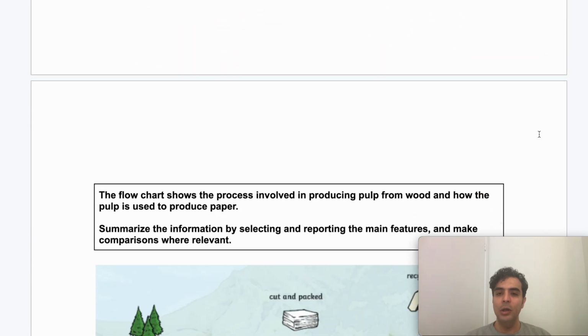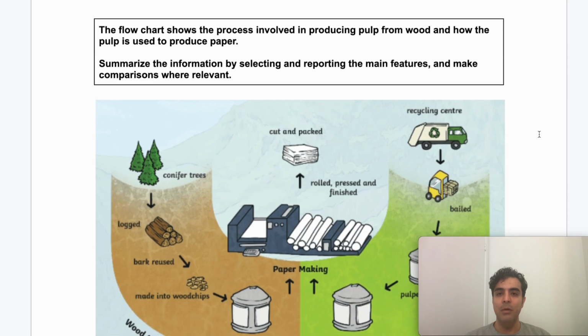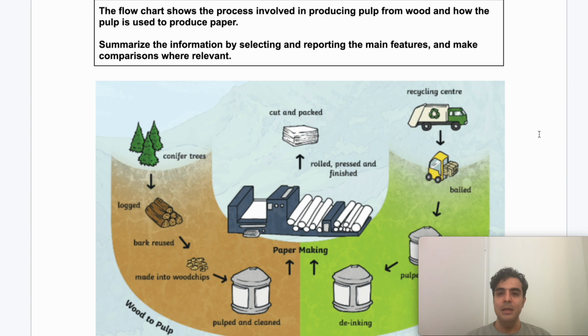Time for us to look at the next type of chart, and this one is called a flow chart. Now, flow charts are sometimes a little confusing for some students because if you just statistically look at the samples that are provided, we have relatively fewer flow charts compared to the different types of charts that we've reviewed so far.